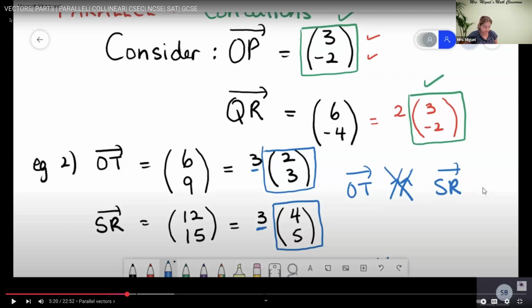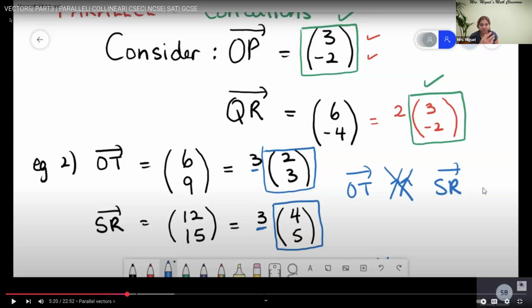So I just want to pause there, right? Now, in one of the questions in 2023, CXC brought a question and they said that they wanted a vector parallel to 2, 5, negative 1. Now we see that for parallel vectors, the numbers contained in the bracket must be the same.